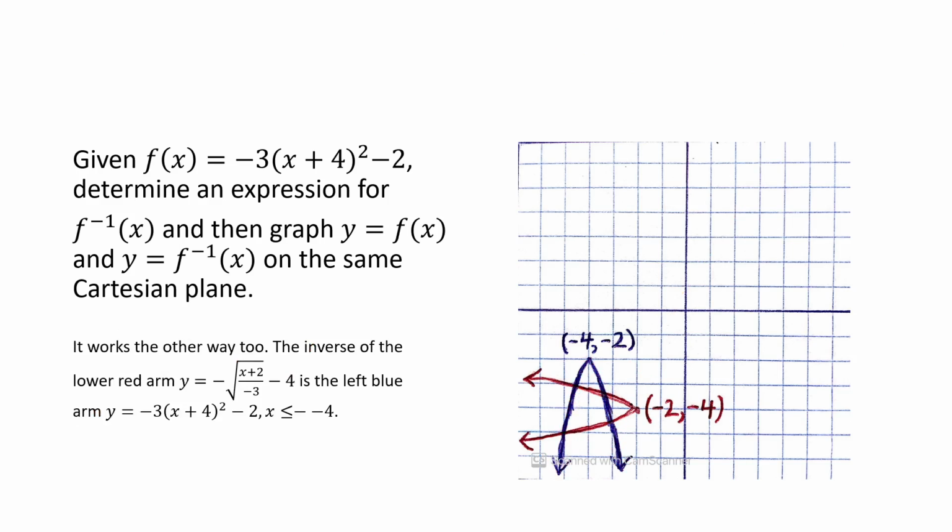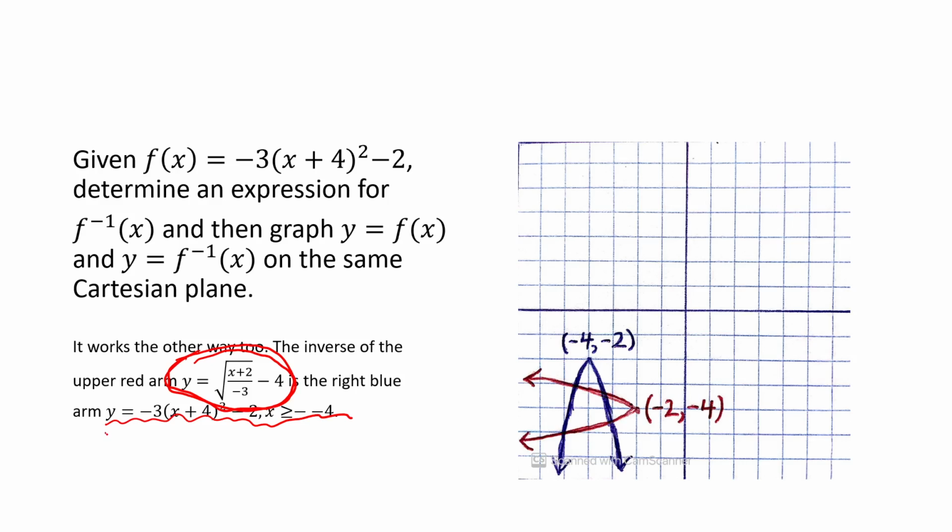Okay? Now, similarly, it works the other way. So if instead of saying that the original function is this, and that the inverse will have a positive in front of the square root, it's possible to say that this is the original function. In other words, that the original function is y equals square root of x plus 2 quantity over negative 3 minus 4.